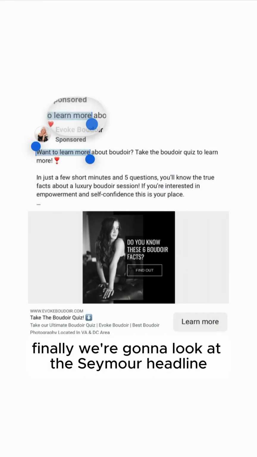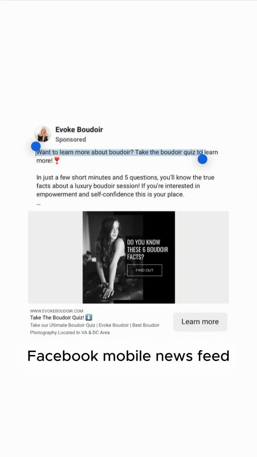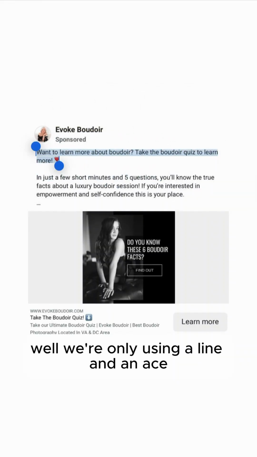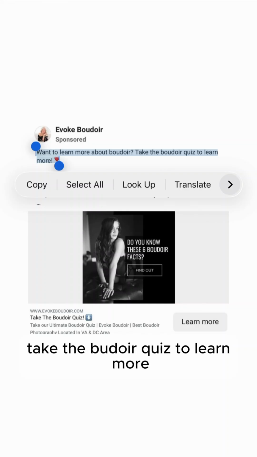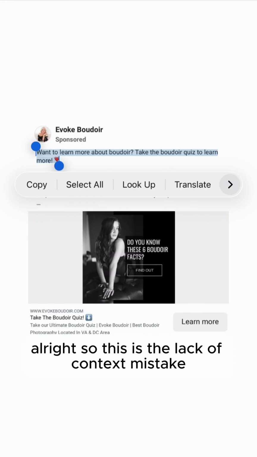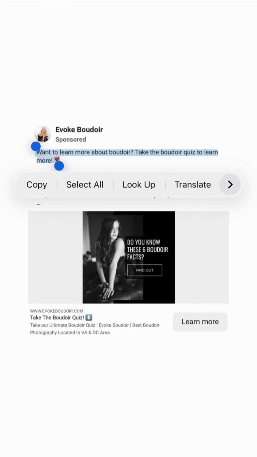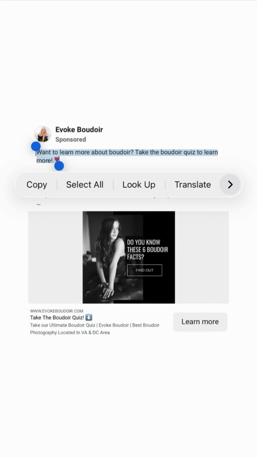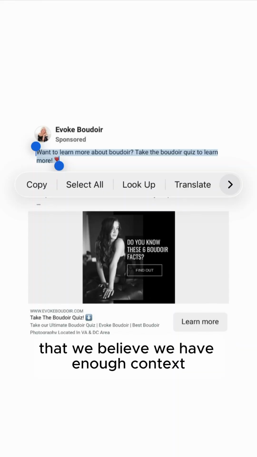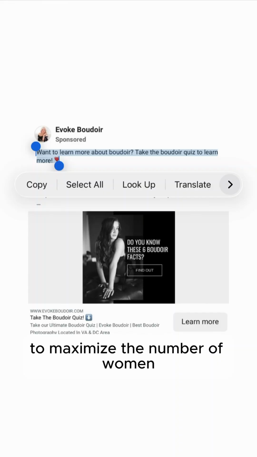Finally, we're going to look at the headline. First 2 3/4 lines on the Facebook mobile news feed. Well, we're only using a line and an eighth. So, want to learn more about Boudoir? Take the Boudoir quiz to learn more. All right, so this is the lack of context mistake. The false belief that causes us to make this mistake is that we believe we have enough context to maximize the number of the right women clicking on our ad.